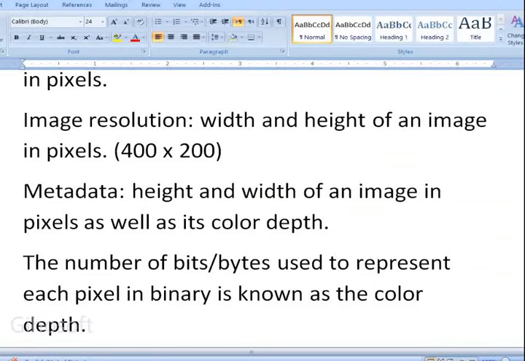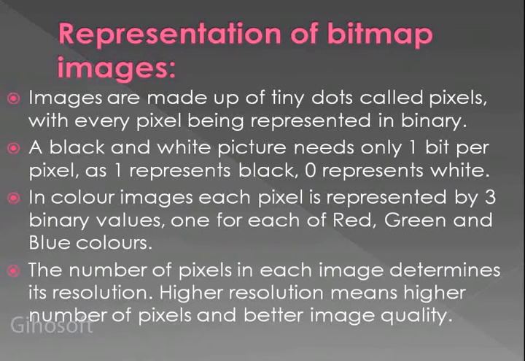If we are talking about black and white pictures, then 1 bit represents 1 pixel. A 0 represents that there is no color, so it is white, whereas 1 represents color, that is black. Okay, 1 represents black, 0 represents white, whereas in color images we have 3 bytes or 3 binary values, 1 for each of red, green and blue, and the number of pixels in each image determines its resolution.